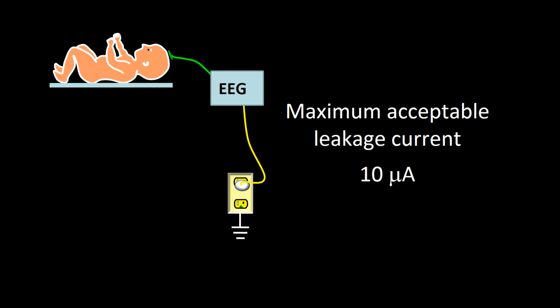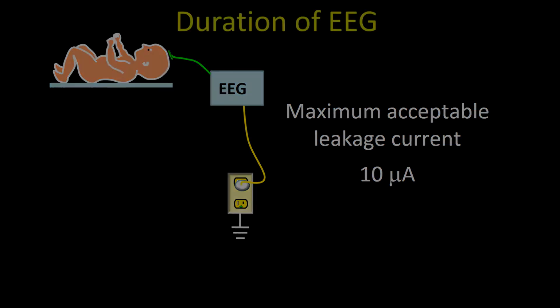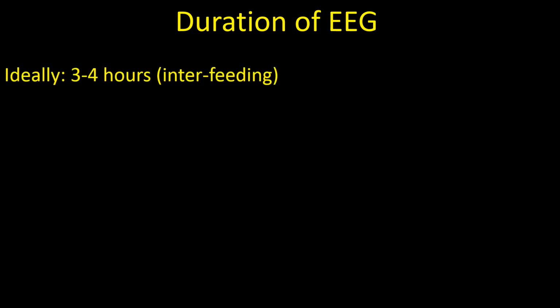This should be achieved by gently cleaning the skin under the electrodes, as we have just previously mentioned. The duration of a neonatal EEG should ideally be 3 to 4 hours. That is from the end of a feeding to the beginning of the next feeding.